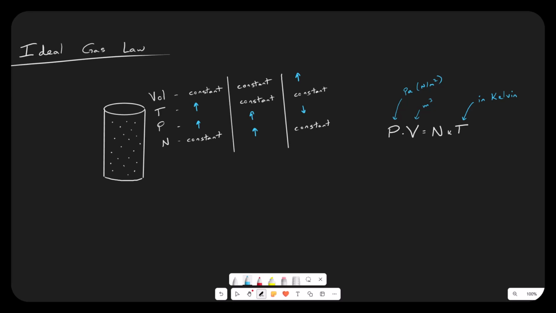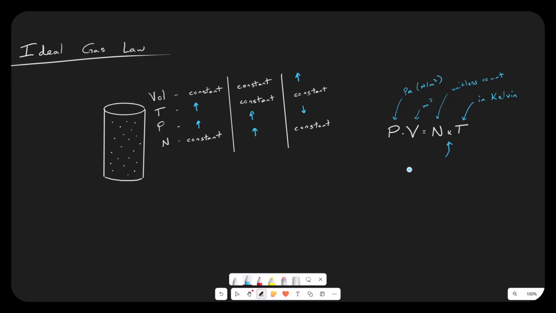First, I guess I can say n is just a count. So maybe we've got 10 to the 12th atoms. Then it's just 10 to the 12th, right? It's a unitless number. So call this a unitless count. So what is this k?